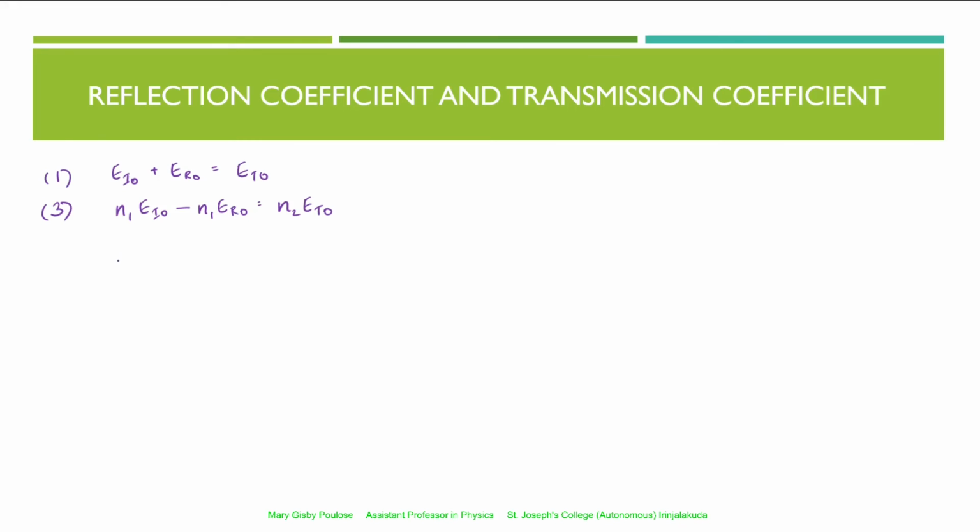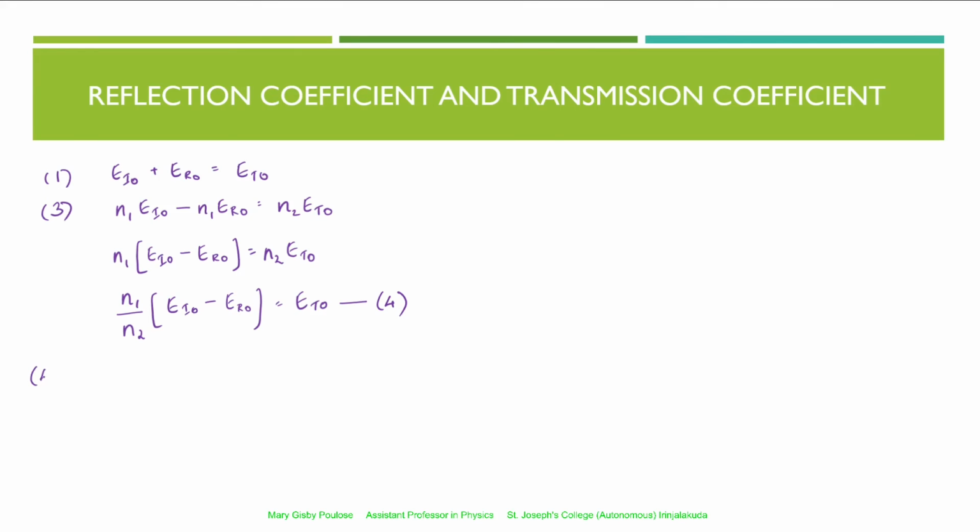This equation can be rewritten as n1 into Ei naught minus Er naught is equal to n2 times Et naught. That is n1 by n2 into Ei naught minus Er naught is equal to Et naught. Let this be your fourth equation.